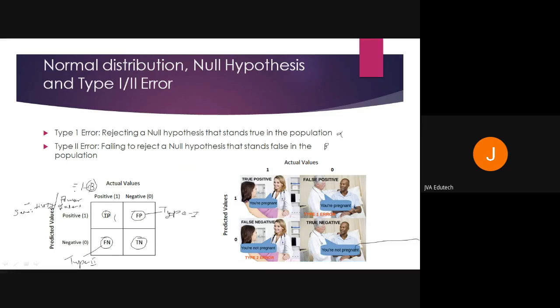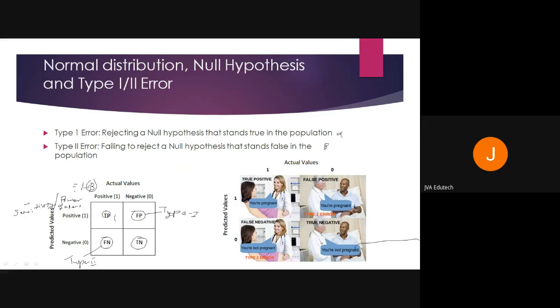So whenever you are doing a hypothesis test, always check. Your statistical p values and other values will tell that this null hypothesis stands rejected or accepted, but you have to also see whether that concept stands true in the population or not. Suppose you have rejected a null hypothesis, but the actual case is something different in the population, then you are doing type 1 error.